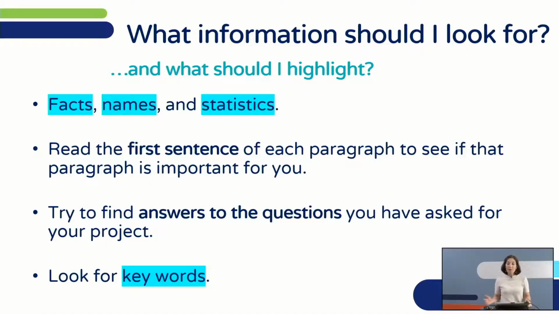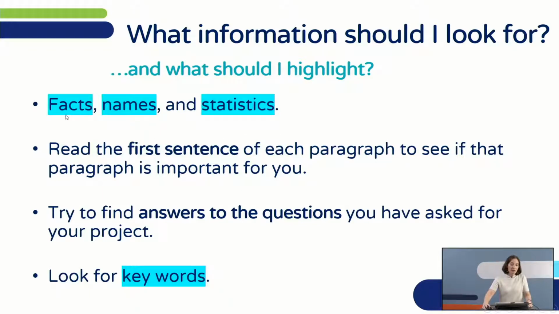Now, what information should I look for? I said before, you need to take the important information from your articles. How do you know what's important and what's not? So, what should you highlight in the articles as you read them?